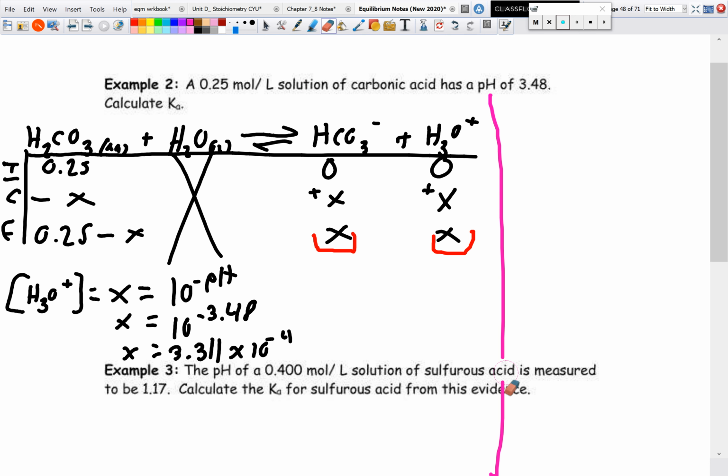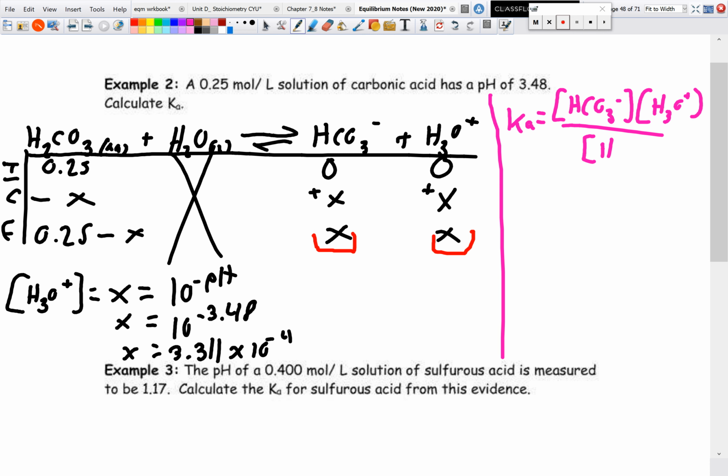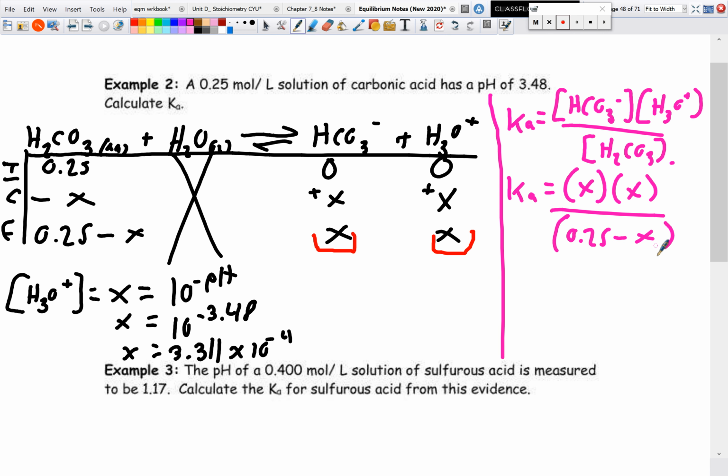So if we did Ka is equal to, we know it's HCO3 minus, H3O plus, all over H2CO3. We can put in our equilibrium concentrations, and then we can actually solve. So put in all the values for x.